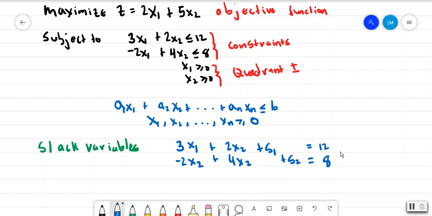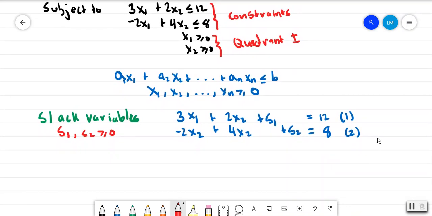If you want to label them as inequality 1, inequality 2, that way you can keep track of how many slack variables you have. S1 and S2 in this case both have to be non-negative as well, because all variables must be non-negative.